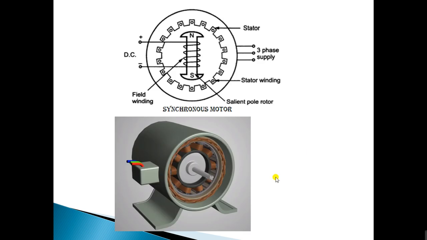See here. Consider a three-phase synchronous motor. The stator is wound for two poles. The two magnetic fields are produced in the synchronous motor by exciting both windings, the stator and rotor, with three-phase supply in the stator and DC supply in the rotor.